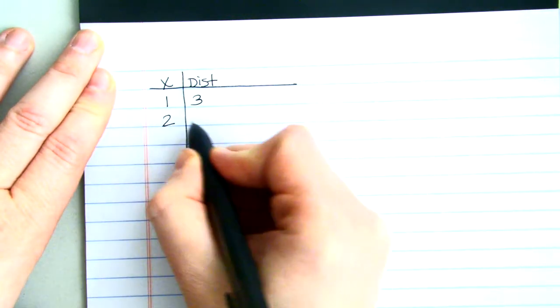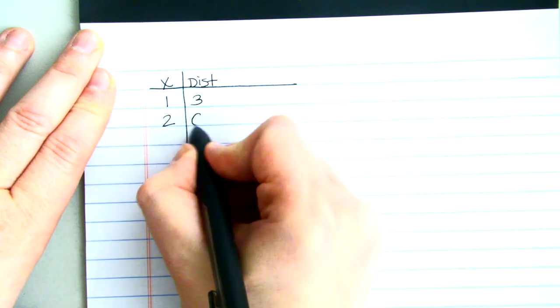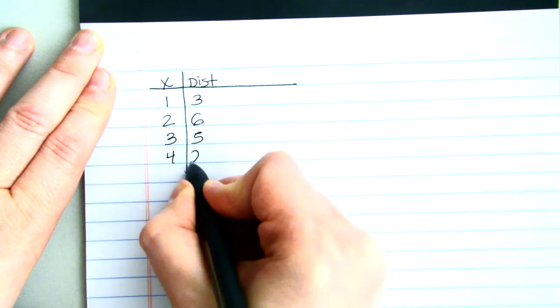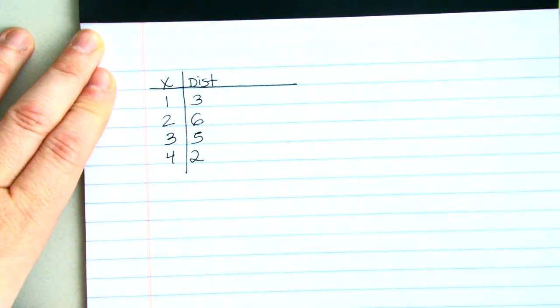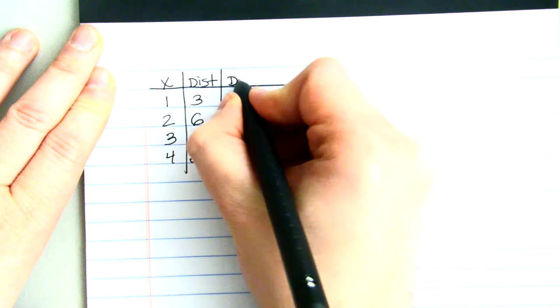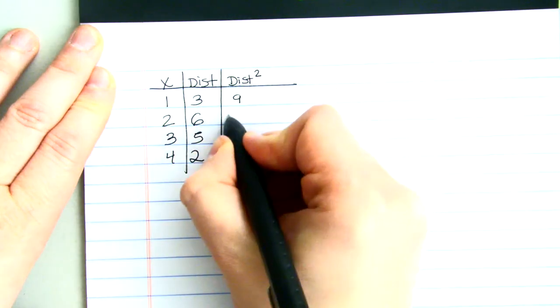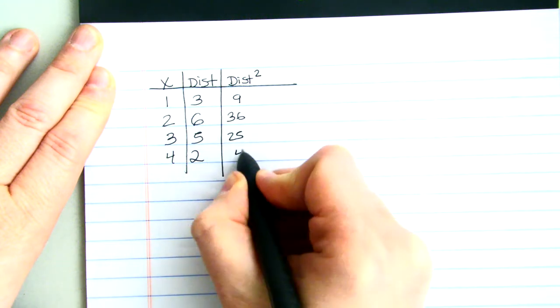Let's say I have x values and I can find a distance. Let's say when x equals 1, my distance is 3. When x equals 2, I'm just making up random numbers here, the distance is 6. X equals 3, the distance is 5. X equals 4, the distance is 2. At what x value does my minimum distance occur? At x equals 4. If instead I look at the distance squared, I would get values of 9, 36, 25, 4.